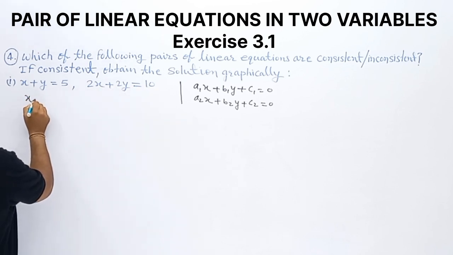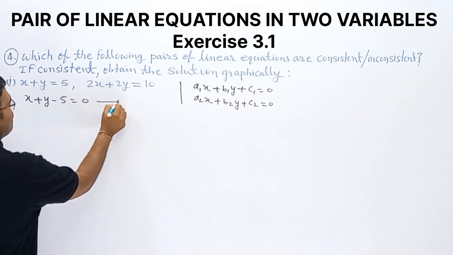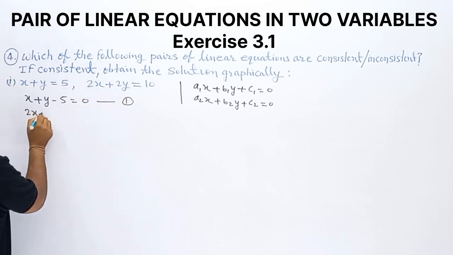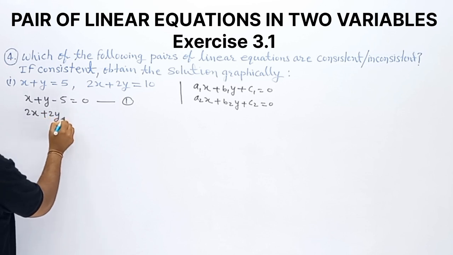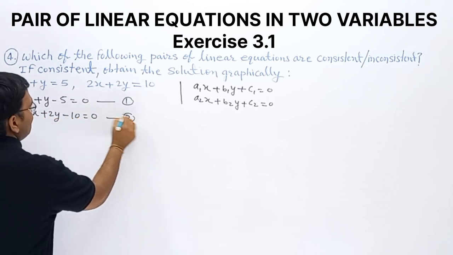This can be written as x plus y minus 5 equal to 0. This is equation number 1. Now the second: 2x plus 2y minus 10 equal to 0. This is equation number 2.